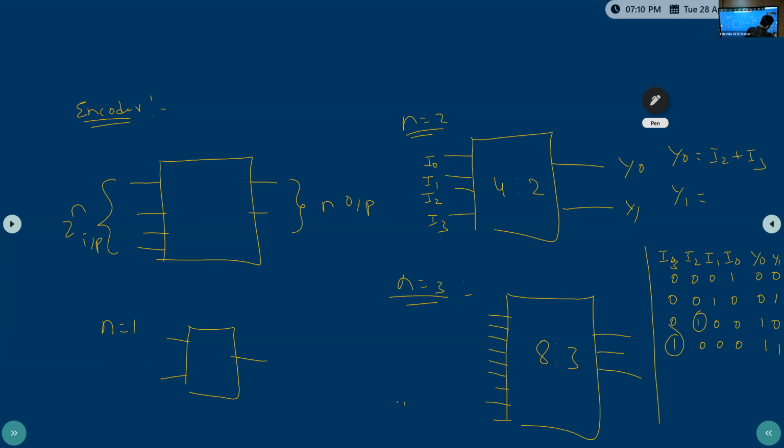Y1 equal to, when it will be high: when I1 is high plus I3 is high. So you need to use 2 OR gates, that's it. These two cases only, right? It is high in this case and this case. Clear?